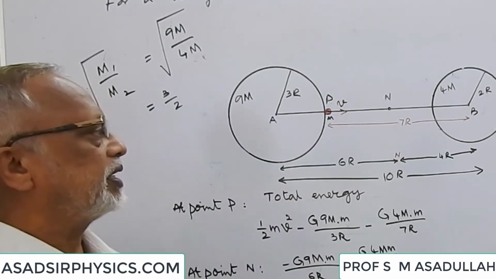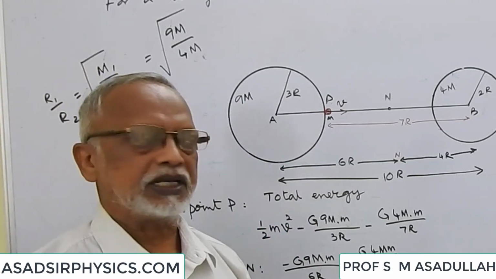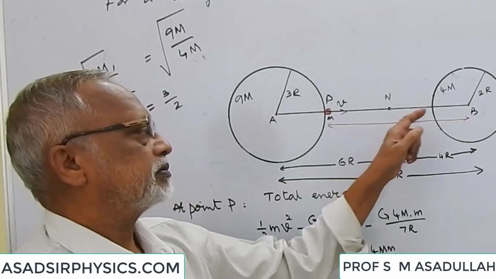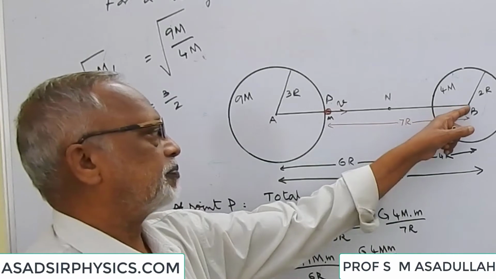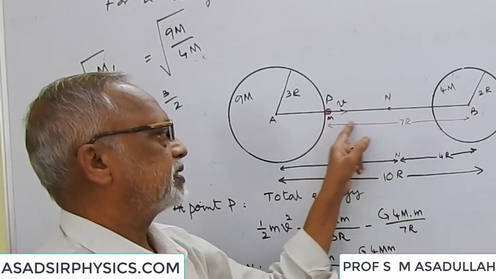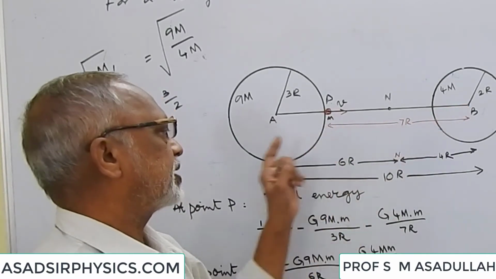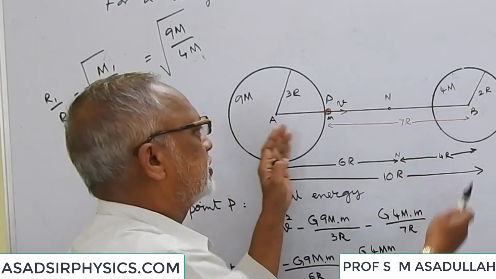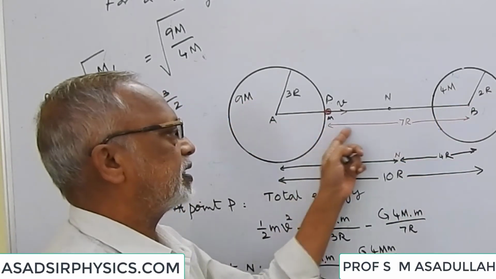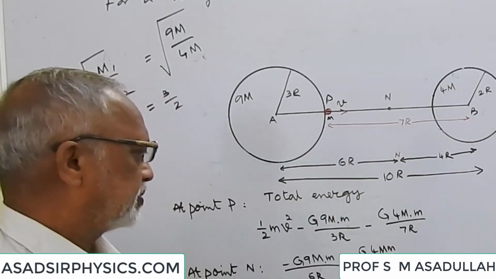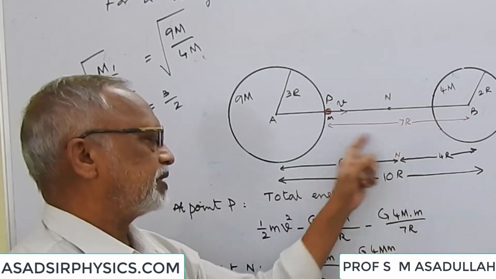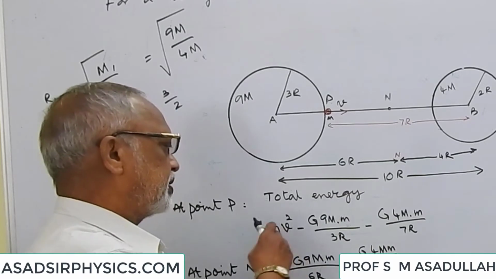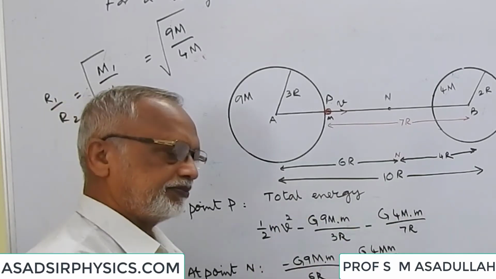The third component is due to the potential energy of planet B. The center of planet B is at a distance 7r from the point P, because the total distance is 10r, and if you subtract 3r, it will become 7r. So that is minus G 4m into small m by 7r. This is the total energy at the point P.